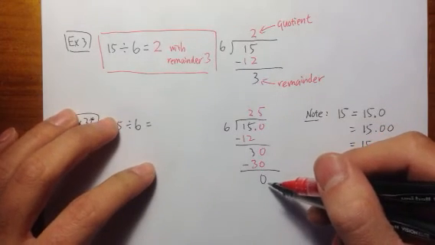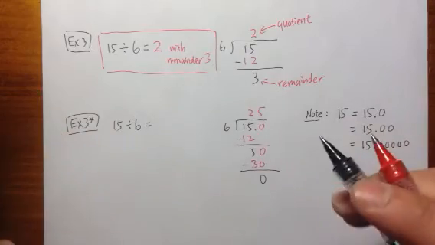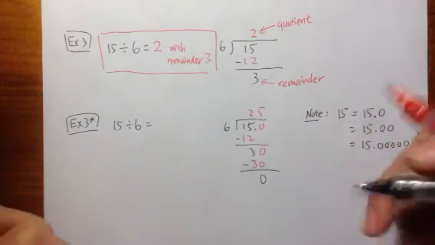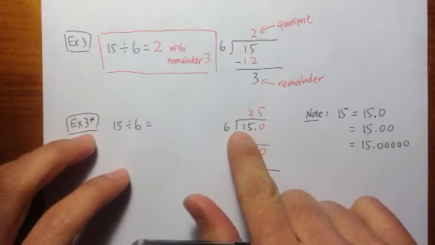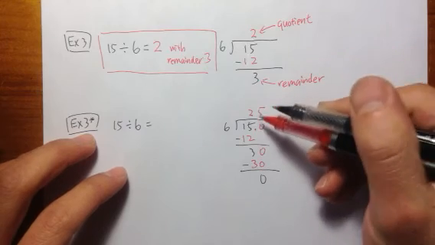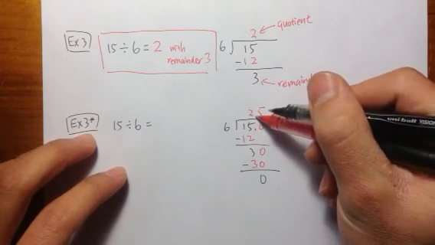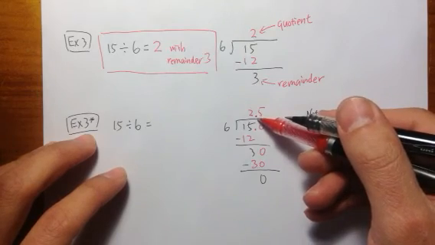So as you can see, the remainder now is equal to 0. There's nothing else to do. That's it. And be really careful with the answer though. Right here, as you can see, we have 15.0. And for the quotient, for the answer part, you also need to line up the decimal point. So you need to add the decimal point right here.